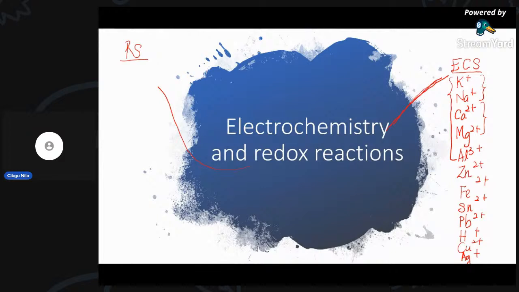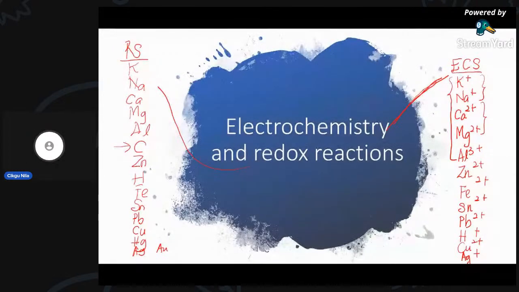The reactivity series starts with potassium, magnesium, aluminium, carbon, zinc, hydrogen, iron, lead, silver, and the last reference.